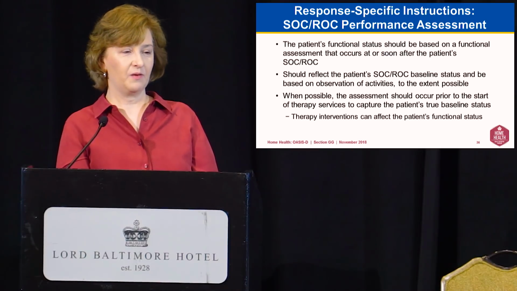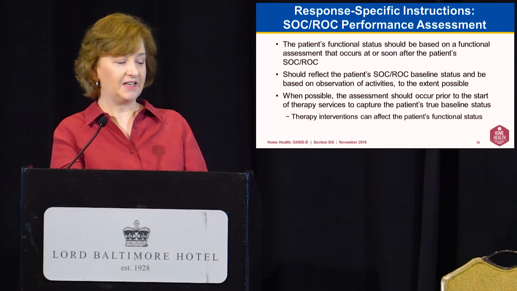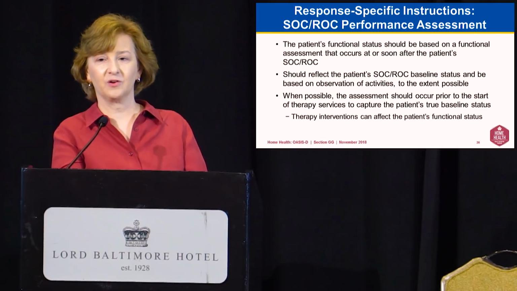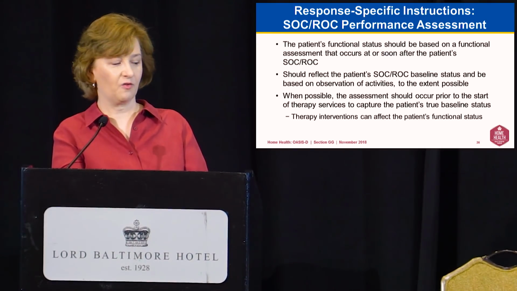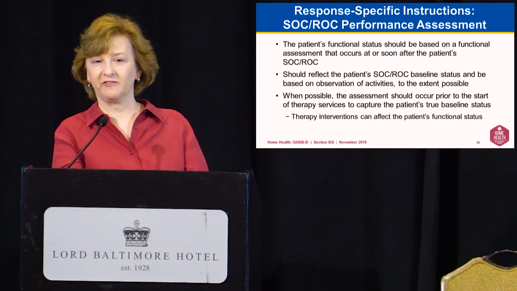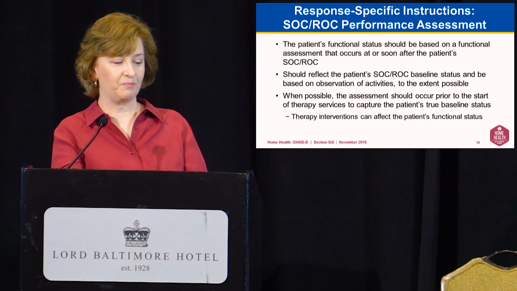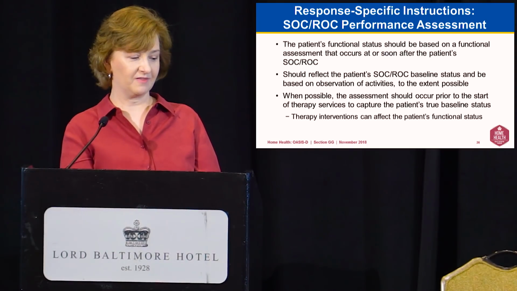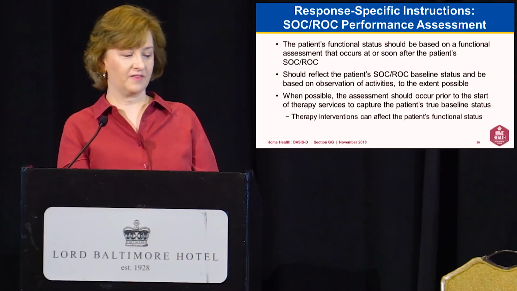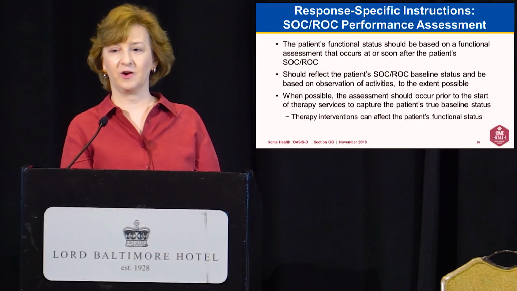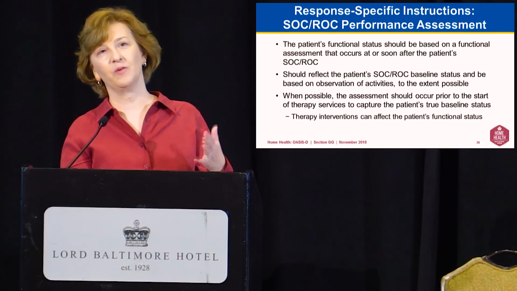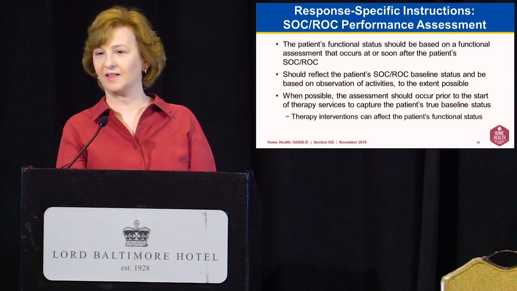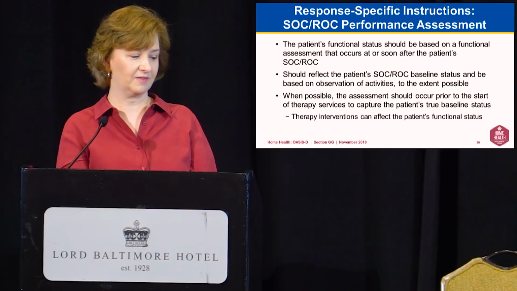Talking about the instructions in more detail, a patient's functional status should be based on an assessment that occurs soon after the patient's SOC/ROC. It should reflect the person's baseline status, and again should be based on observation as much as possible. When possible, the assessment should occur prior to the start of therapy, before the person benefits from therapy, in order to capture the person's true baseline prior to interventions.